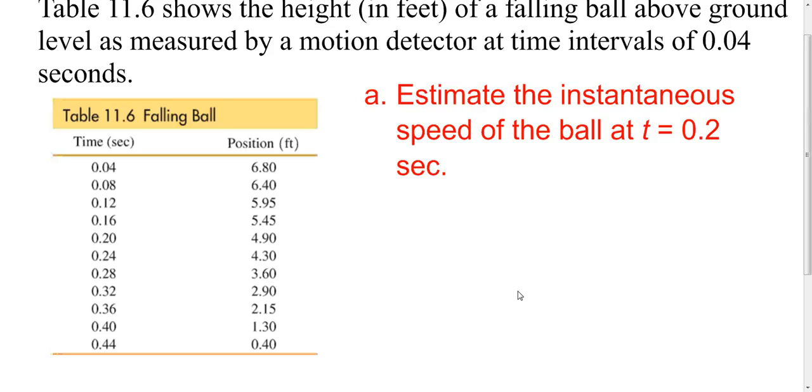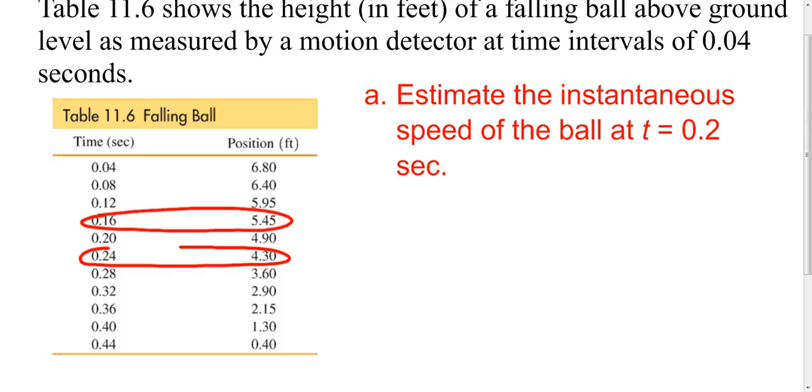So this is what I want you to think about. I'm using this coordinate right here, and this coordinate right here. If I want to estimate the rate of change, 0.2 is the midpoint between 0.16 and 0.24. That's why I'm using those two coordinates.